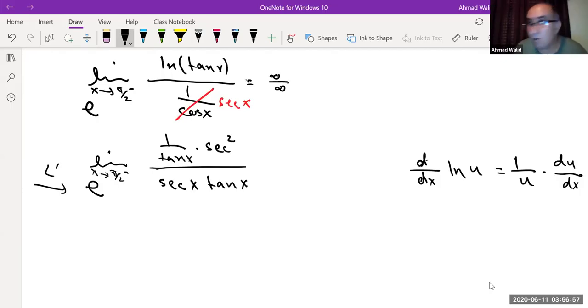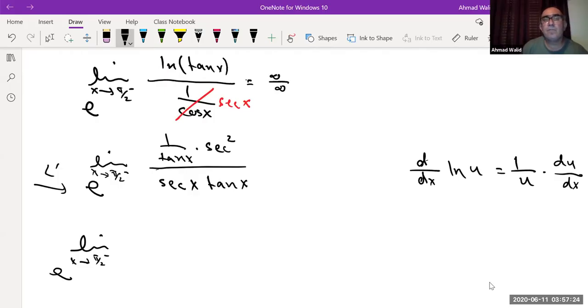Before plugging in the value, try to simplify this fraction, correct? To simplify this fraction, there are different ways. Look, you can rewrite this as e to the limit of x approaching pi over 2 from the left.